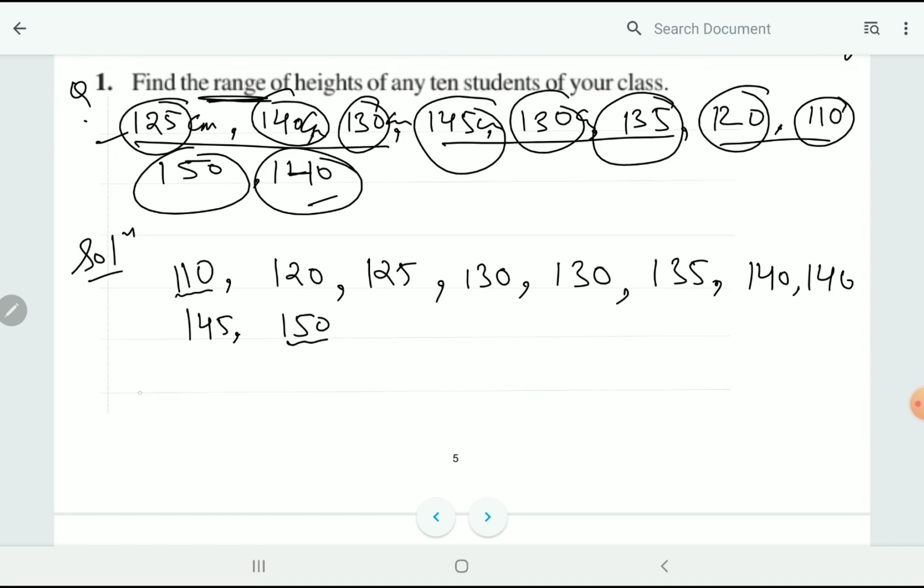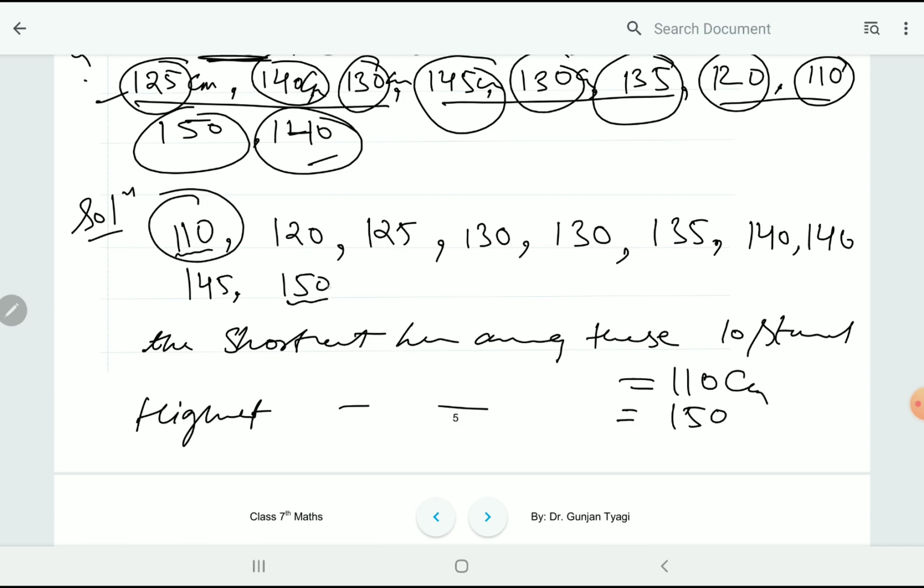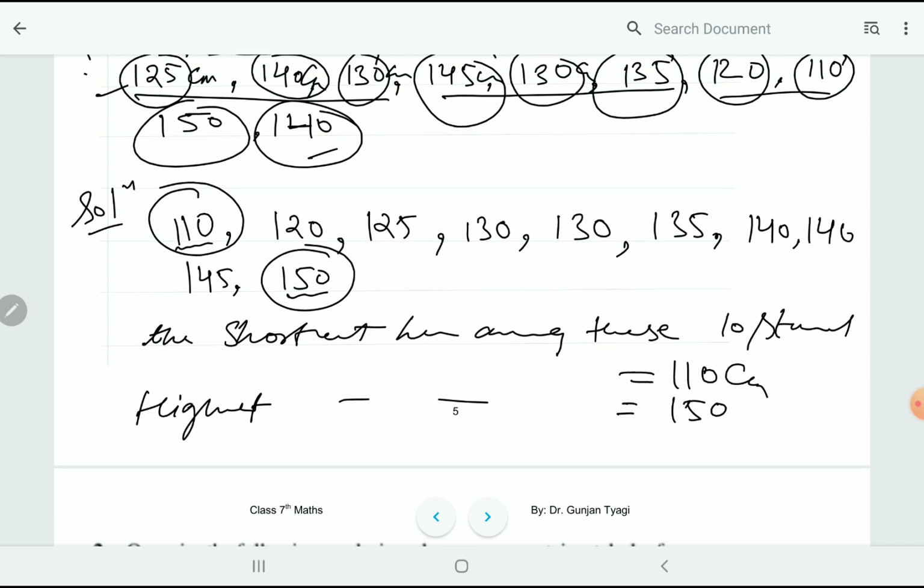So the lowest or shortest height among these 10 students is equal to 110 centimeters, and the highest is 150. The difference between the lowest data and the greatest data is called the range.